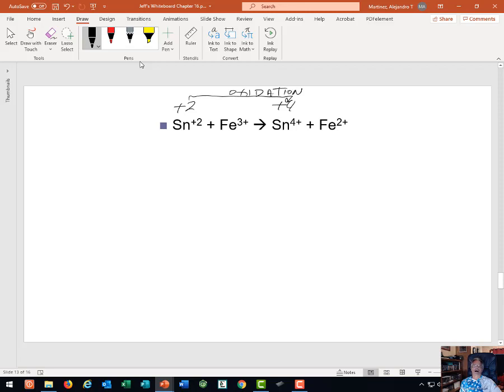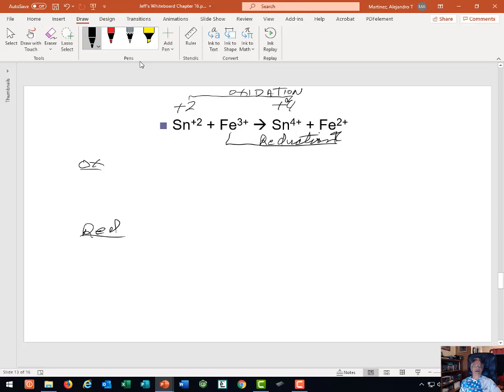So we call that oxidation. On the other hand, iron is going from a +3 to a +2. Its oxidation state is getting lower. That's clearly a reduction. And what we're going to do is split these reactions up into two half reactions. So we'll have the oxidation and we'll have the reduction half reaction.